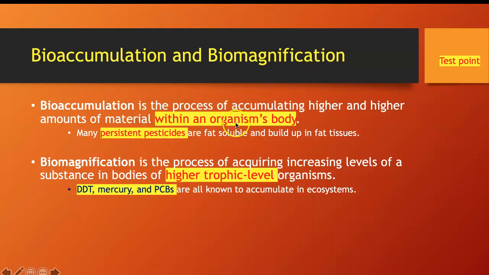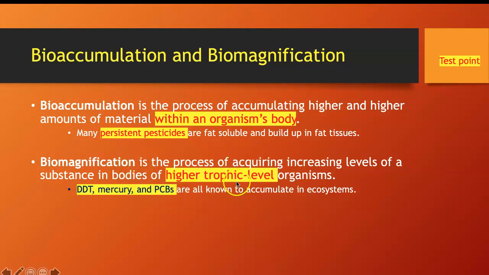Bioaccumulation means the process of accumulating higher and higher amounts of material within an organism's body. So we are talking about one individual. For example, the phytoplankton has DDT in it, and the shrimp keep eating the phytoplankton, and the concentration of DDT in the shrimp will keep increasing. That's called bioaccumulation.